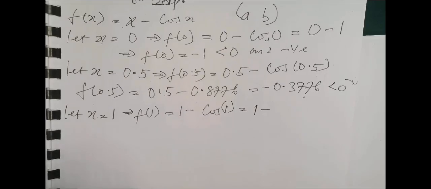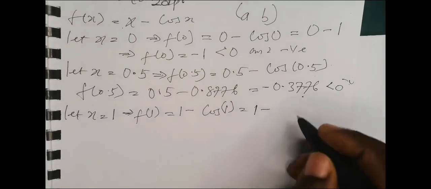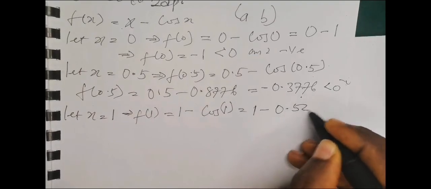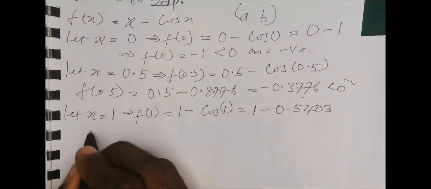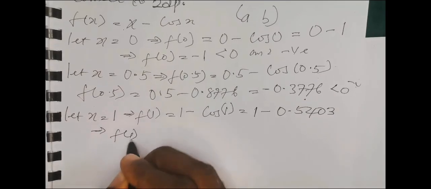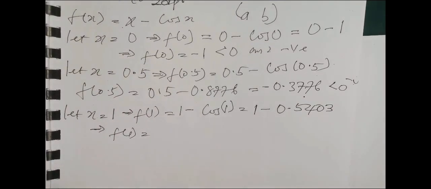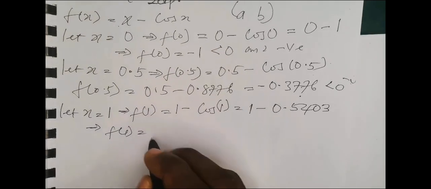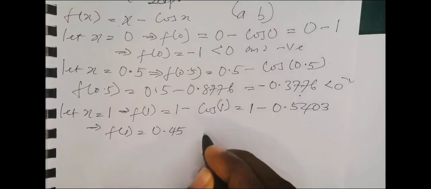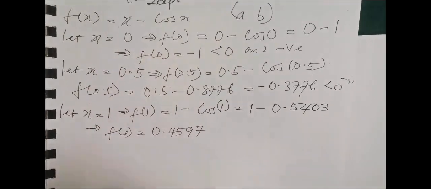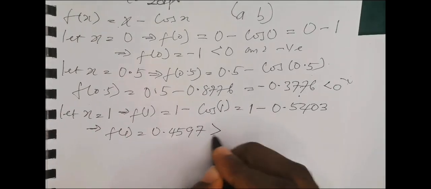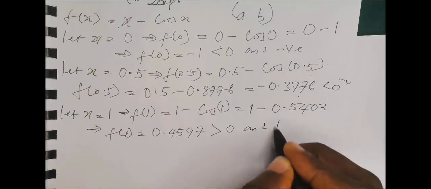So cos 1 gives us 0.5403. So f of 1 is equal to 1 minus that answer, which gives us approximately 0.4597. So you see this value is greater than 0 and it is positive.